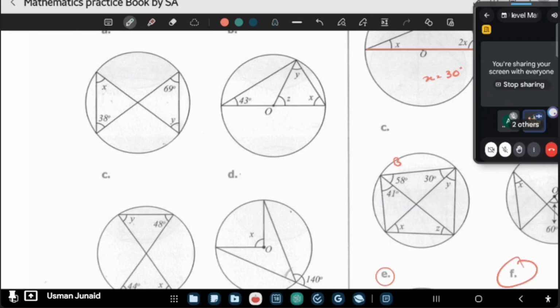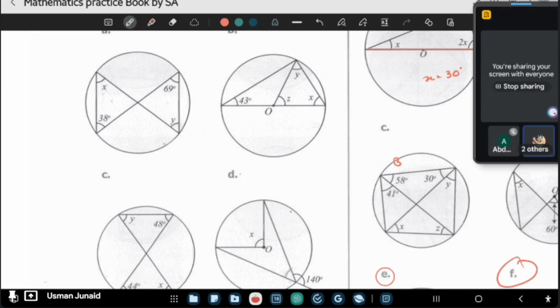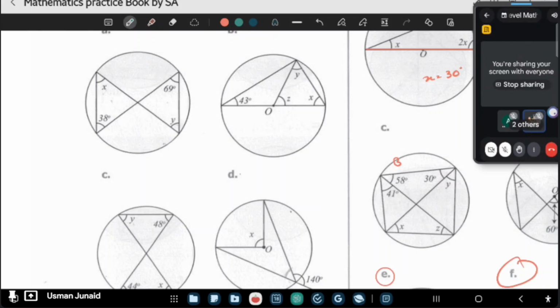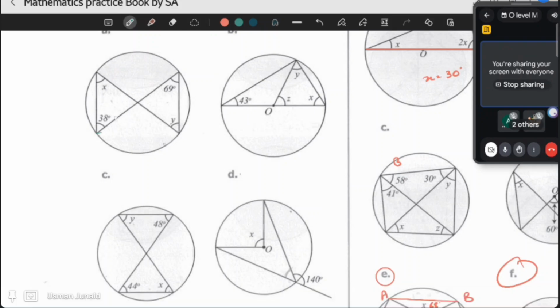Sir, how do we have to solve this? Can you make a chord from यहाँ से लेकर यहाँ तक?